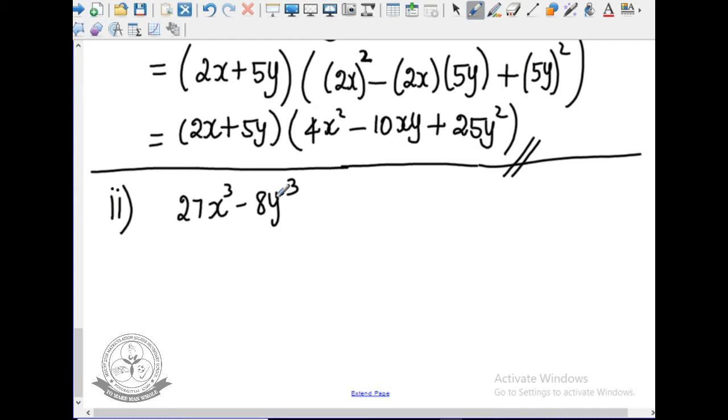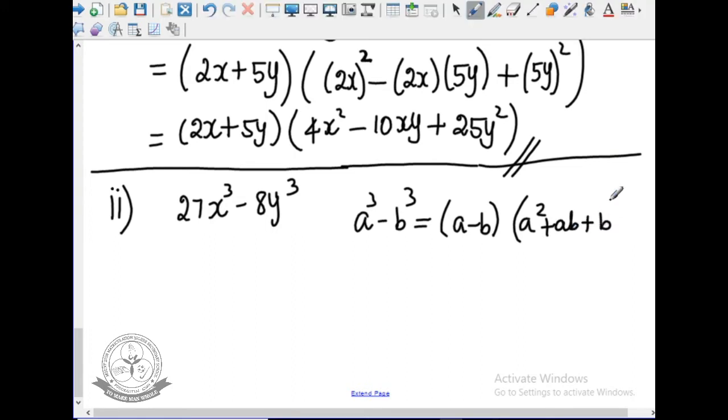Here we have a negative symbol in between the two terms. Okay, so it can be written in the form of a cube minus b cube, and we know that it is a minus b into a square plus ab plus b square.